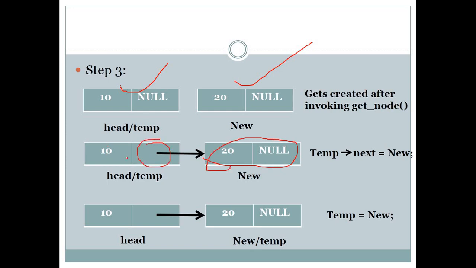So we will link both nodes. This node is our head or temp node, so we have given our temp next, means at this part, the address of new. So we can join both of these nodes like this. Okay, so now this is the head node and this is the temp node.